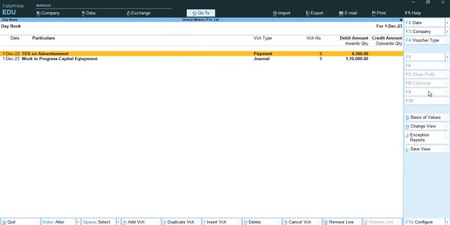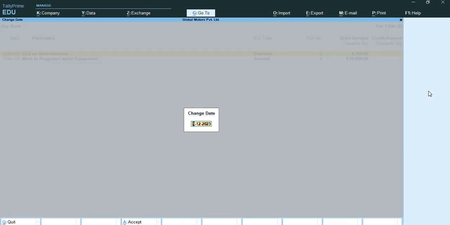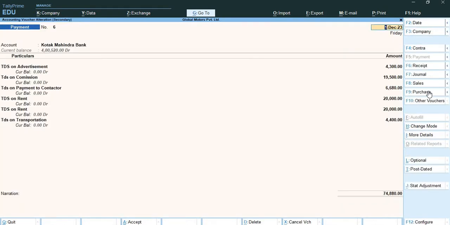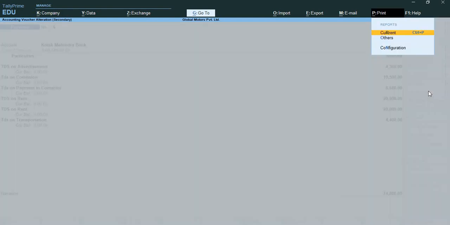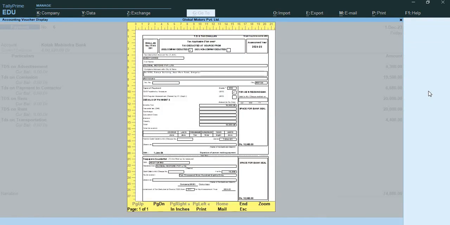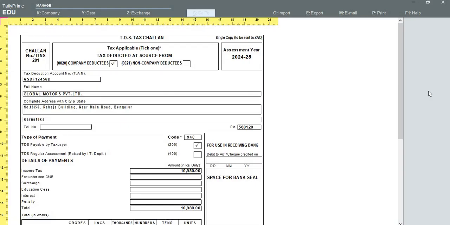We will go to daybook. Here I'll open the voucher. I'm going to press Alt plus P, press enter, go to preview and Alt plus Z, so you can see that this is the TDS tax challan.